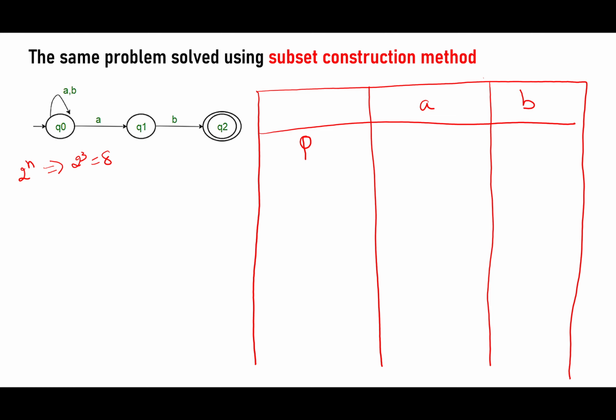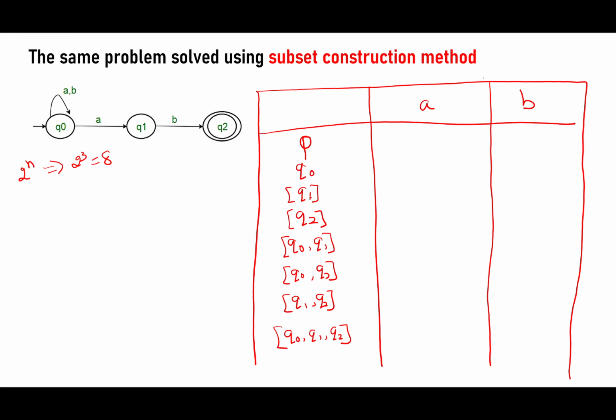The states available are q0, q1, q2. Combining two states gives q0 q1, q0 q2, q1 q2, and combining all 3 gives q0 q1 q2. So totally 8, that is 2 power 3.